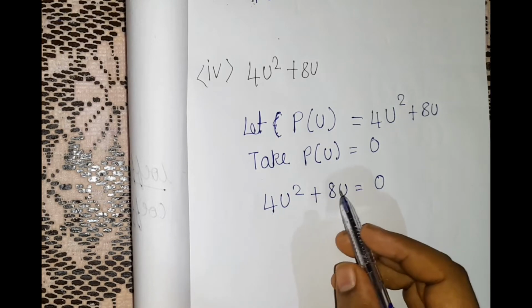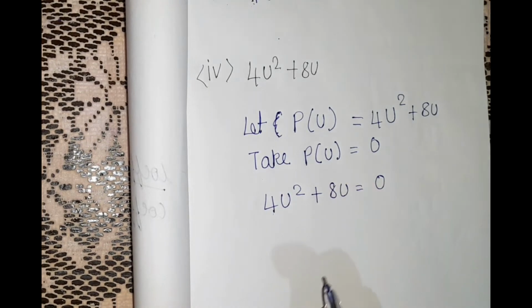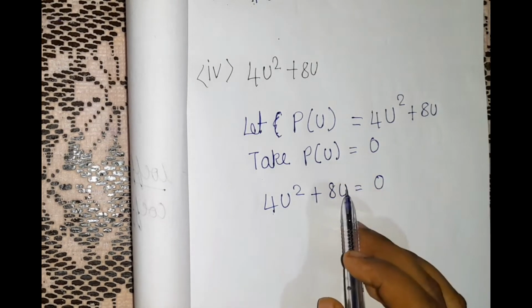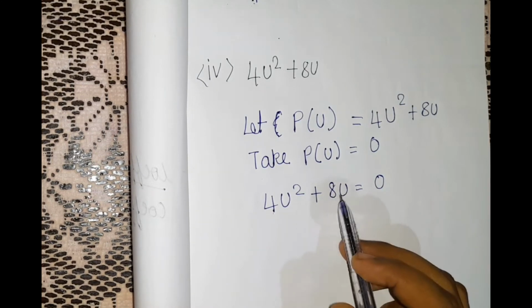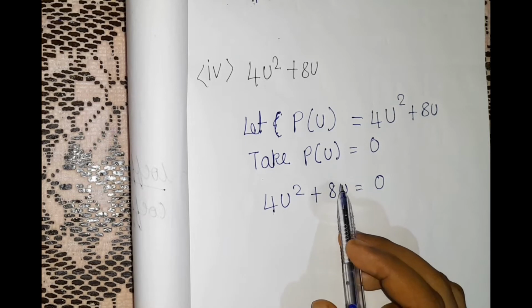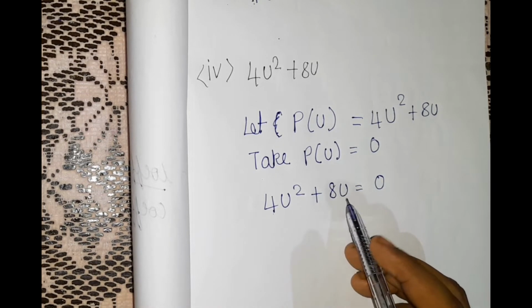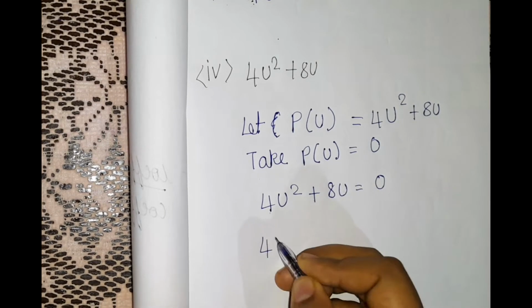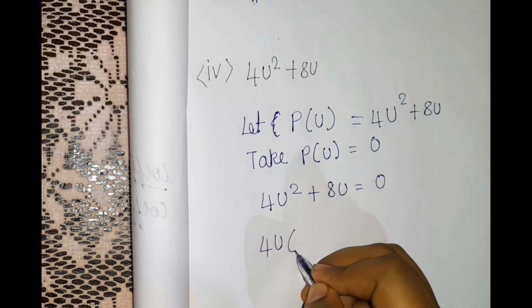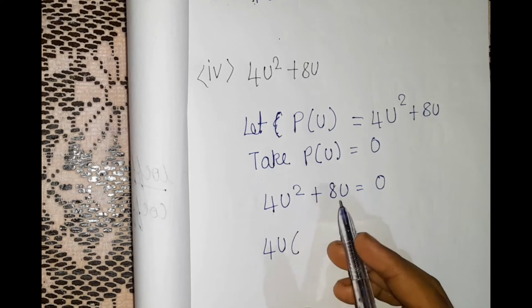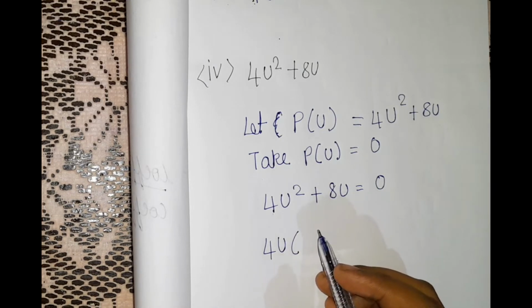If we write 4 into 2, we have 4 over there, so we do it for 8 as well. Then we have a u, that means 4u is common. So I am writing 4u outside, because when we do it like this, we get 8.